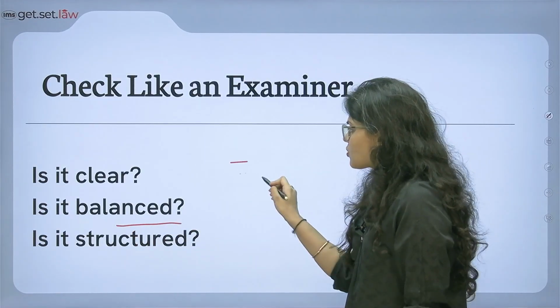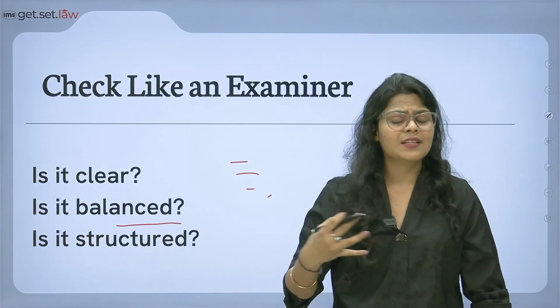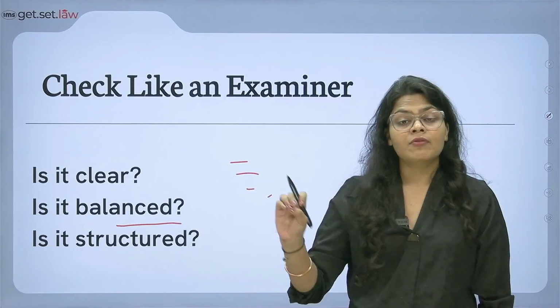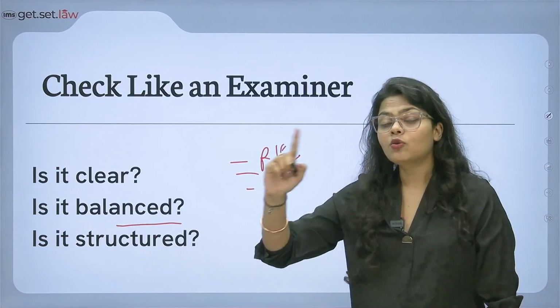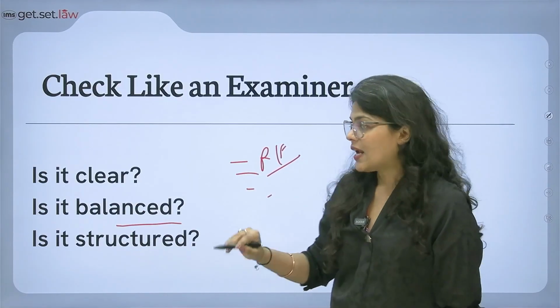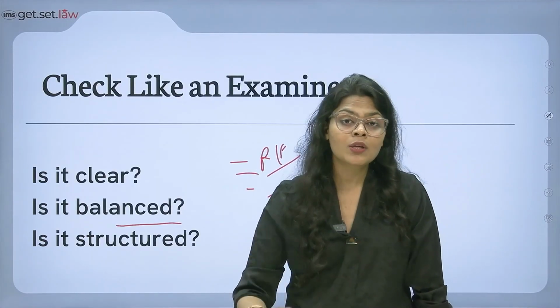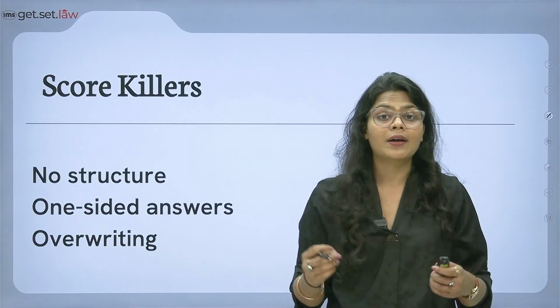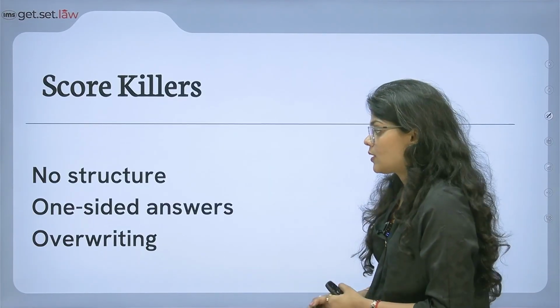Do you think that the structure is completely followed? Or is the answer very haphazard, with anything given anywhere? Whenever you see those things, that is a red flag which you have to mark and consciously avoid in the next answer that you write. That is the correct strategy when you are reviewing your own answers, and understanding where you have made errors is very important.